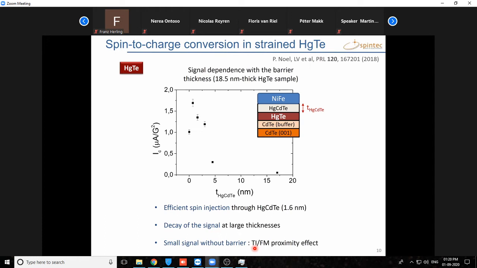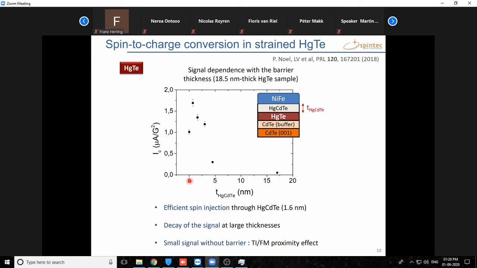One important thing when we put metals on topological insulators, and especially this compound has very volatile species, is to be sure that you don't have intermixing at the interface. And for that, we find out that it's important to insert a barrier between the two materials. And so here it's a mercury cadmium telluride layer.